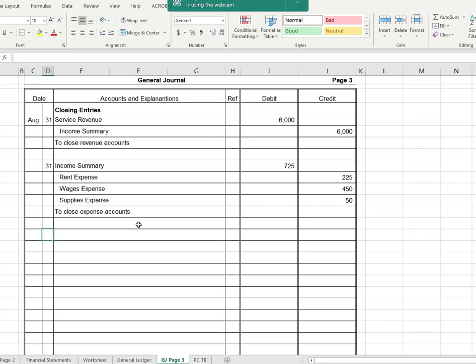All right, my next entry. So step number 1, close revenue to income summary. Step number 2 is to close expenses to income summary. The next step is to calculate the balance in income summary and close it to the capital account.